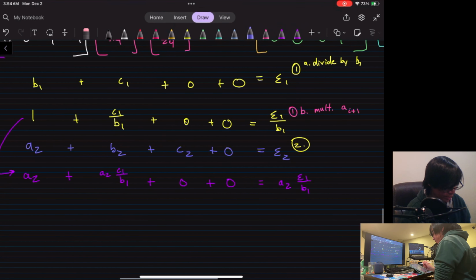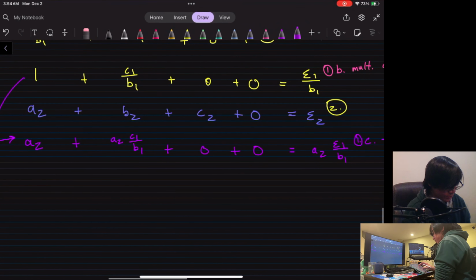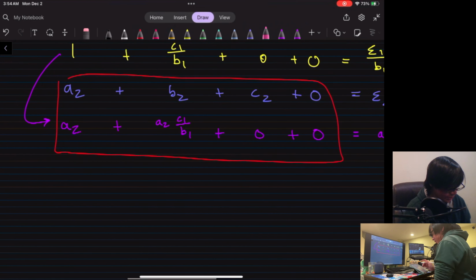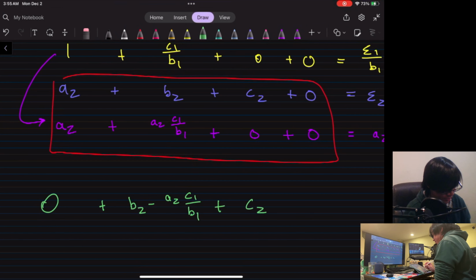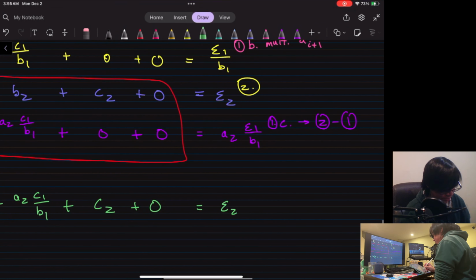Now the last step for our first equation is to subtract, so it'd be 2 minus 1. If we subtract these two, we would get 0 plus b2 minus a2 c1 over b1 plus c2 plus 0 equal to epsilon 2 minus a2 epsilon 1 over b1.